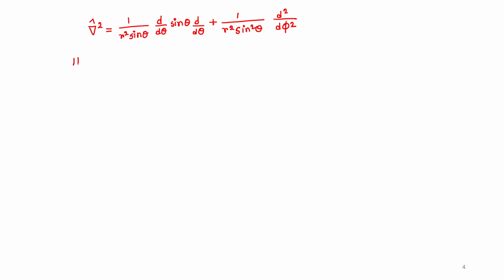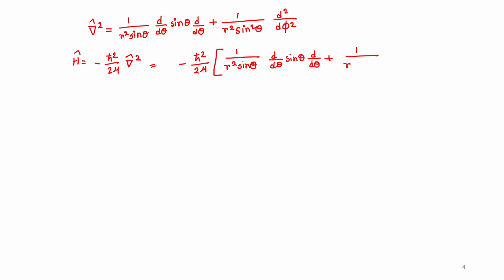Now my Hamiltonian will be minus h cut square by 2 mu del square. So this term will come in front of this: r square sine square theta, r square sine theta d by d theta sine theta d by d theta, plus 1 by r square sine square theta d2 d phi square.